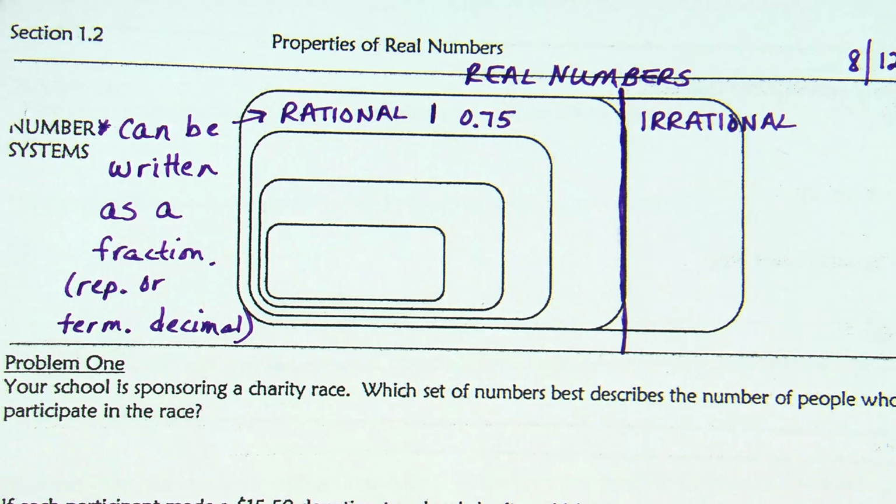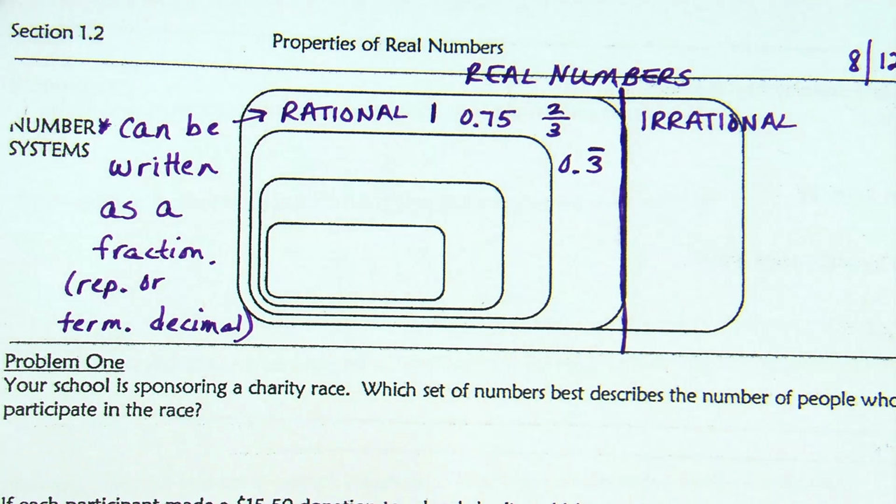What about something like 2/3? Is that rational? Yes. 2/3 is a fraction. What about 0.3 repeating? Oh, yeah. 0.3 repeating is 1/3, which is why I used it. 2/3 is actually 0.6 repeating.